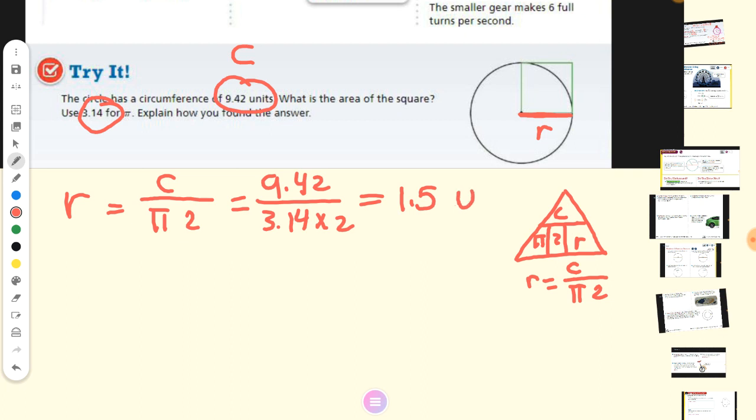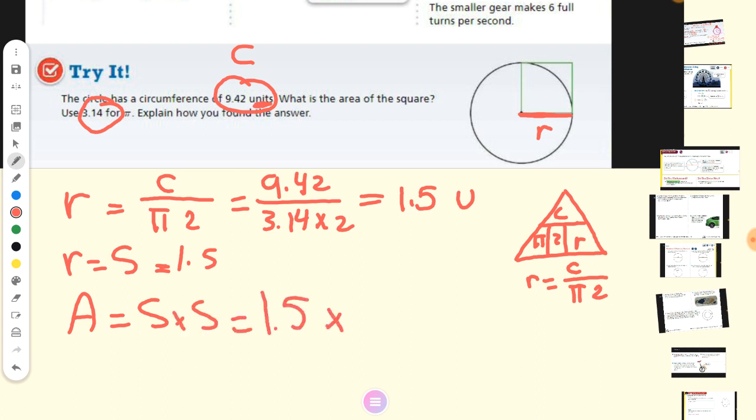Because he said unit, it's just units, any unit: centimeter, meter, anything. We know that R for the circle equals the side length of the square, so the side length is 1.5. Area of the square equals side length times side length, 1.5 times 1.5, so the area is 2.25 square units.